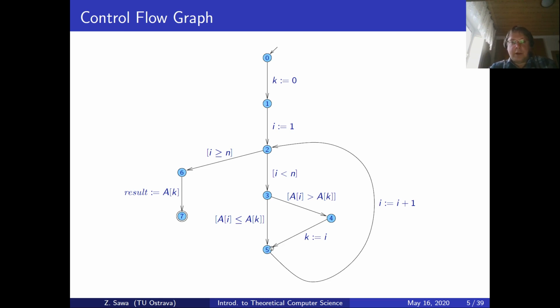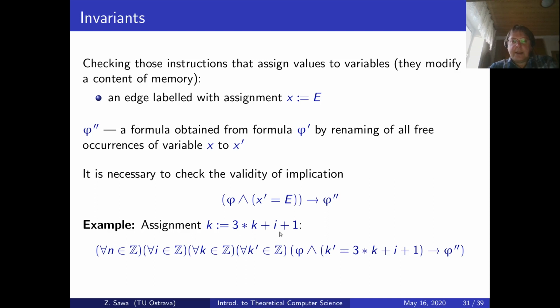So if phi is the invariant that holds in the state before the instruction, then after the assignment we can be sure that the new value of the variable is given by evaluating this expression e, which corresponds to the values of variables in the original configuration.